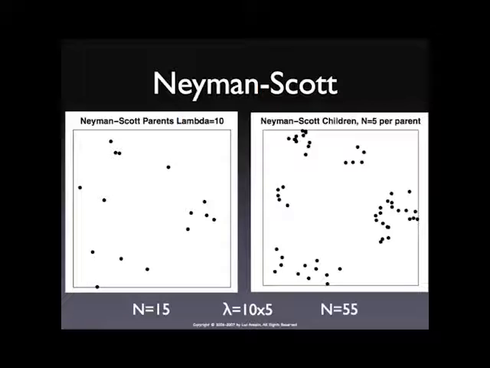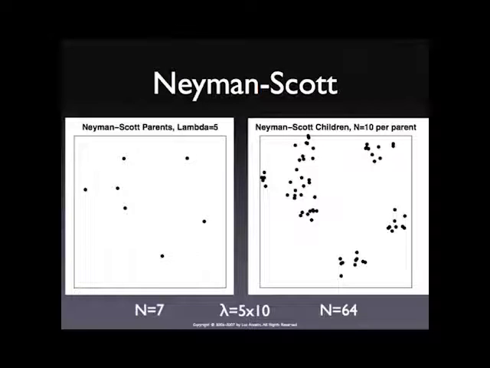I have another example that switches these around. So here we start with a lot of parents and few children, and now you switch it around and have few parents and lots of children. And we again end up with something that is roughly around 50. It's a little higher.